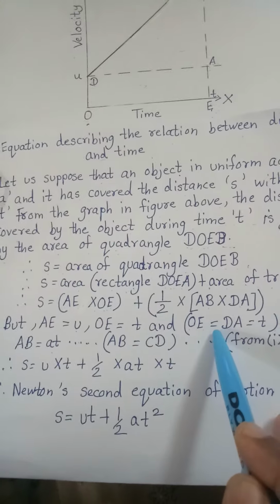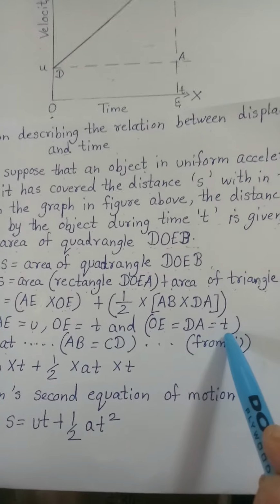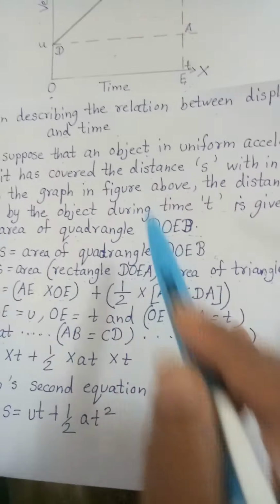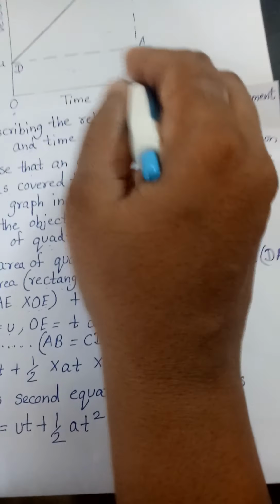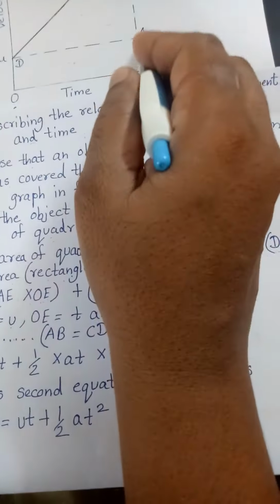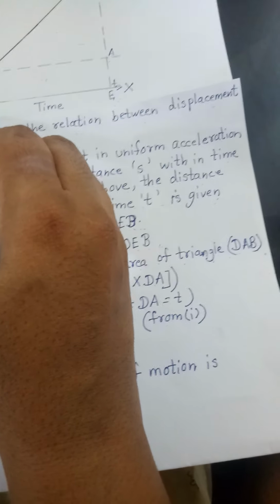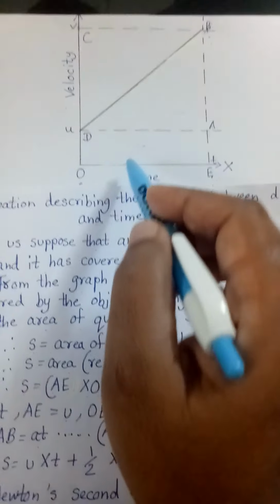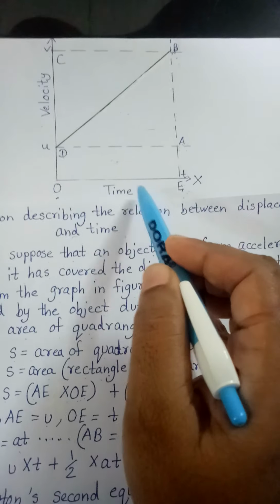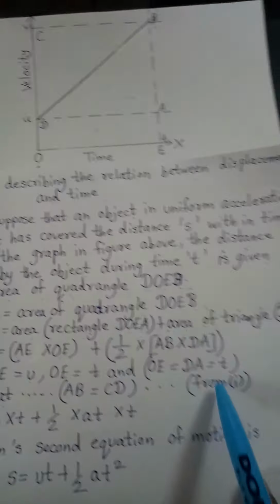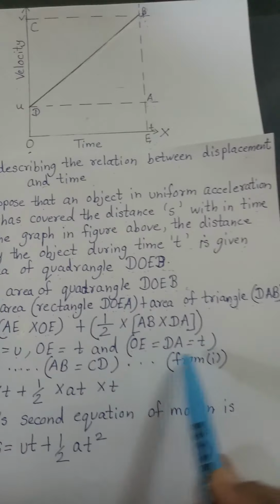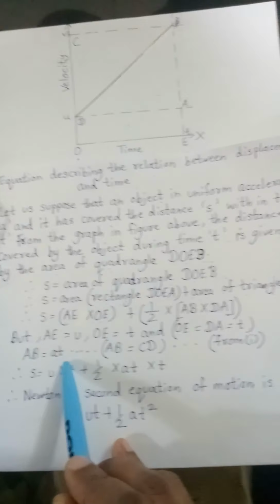So OE is equal to AD is equal to T. Why? Because AD is also parallel to OE, so it is also T. So AB is equal to at.